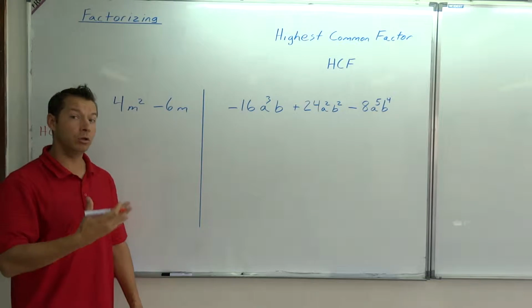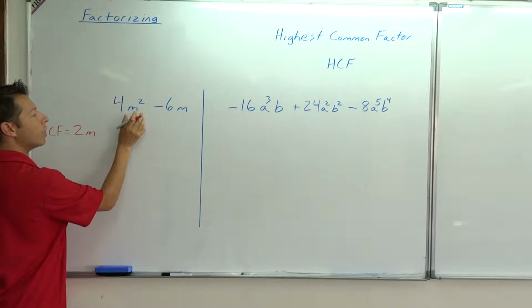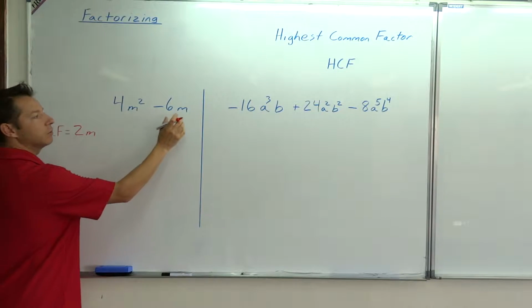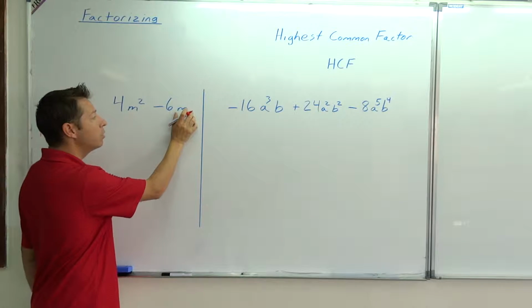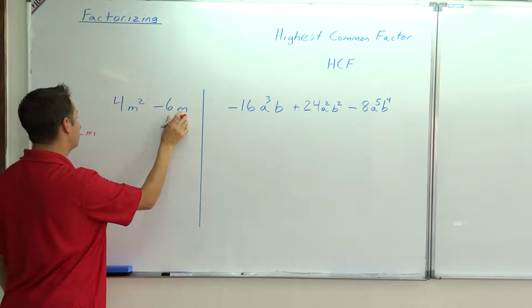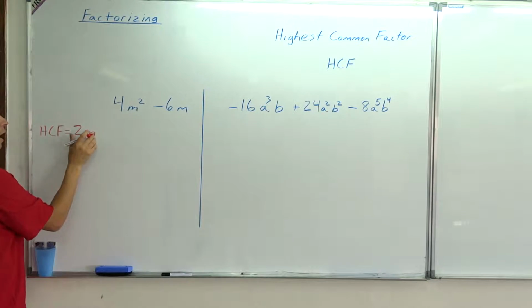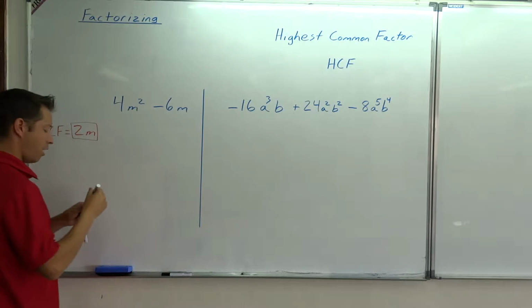Does an m cubed? M to the 4th? Yes, m squared goes into this term, but it would not go evenly into this term. I would not be able to divide this by m squared and get a nice even number. So I end up with 2m as my highest common factor.